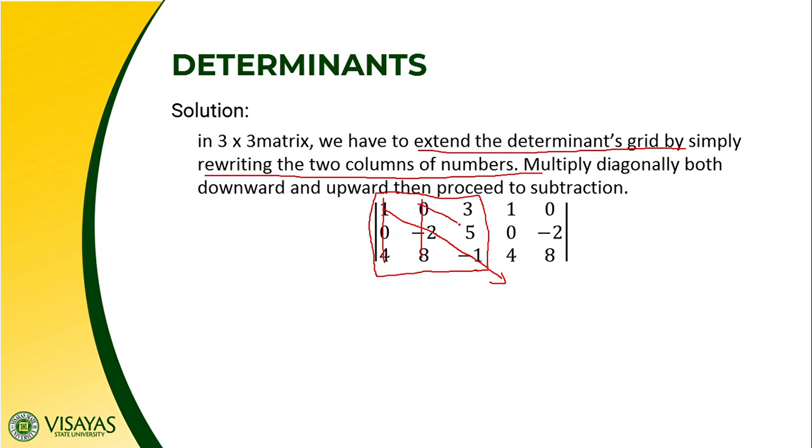Next, we have 0 times 5 times 4, and we have 3 times 0 times 8. And also, you get the product of the upward diagonals. We have 4 times negative 2 times 3, we have 8 times 5 times 1.